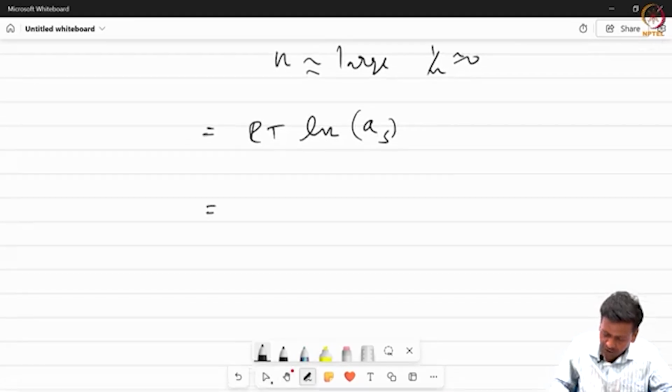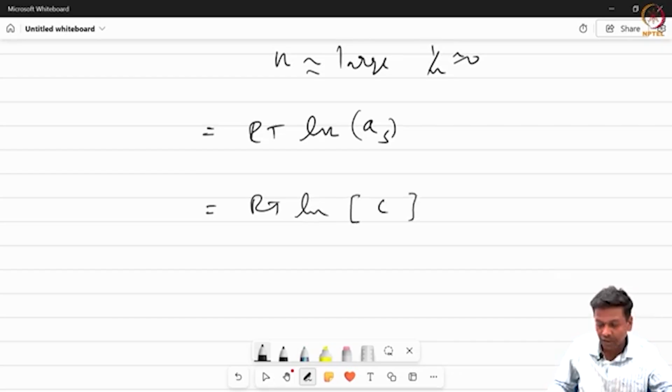Now we know that the activity can be expressed in terms of concentration. Remember, since we have a ln operator here, we want to normalize this with respect to some reference state. In many textbooks they don't use any reference state here, but if it is not mentioned explicitly, you should understand that it is normalized with 1.